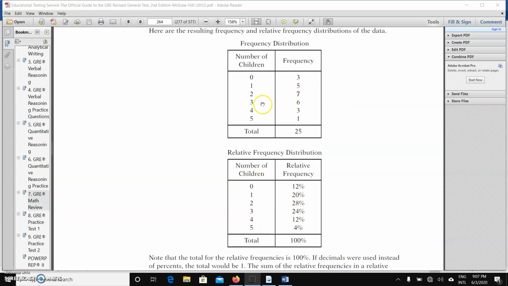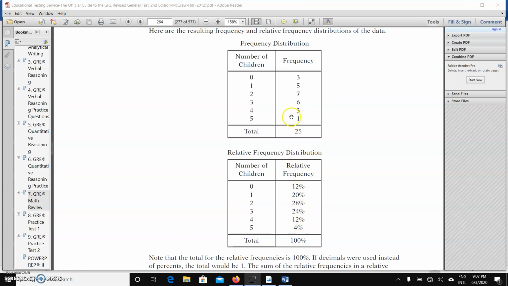The same thing happens to 2. 7 divided by 25 times 100 will give you 28%. Same thing goes for 3. 6 divided by 25 times 100 gives you 24%. Then the second to the last, 3 divided by 25 times 100, gives you 12%.